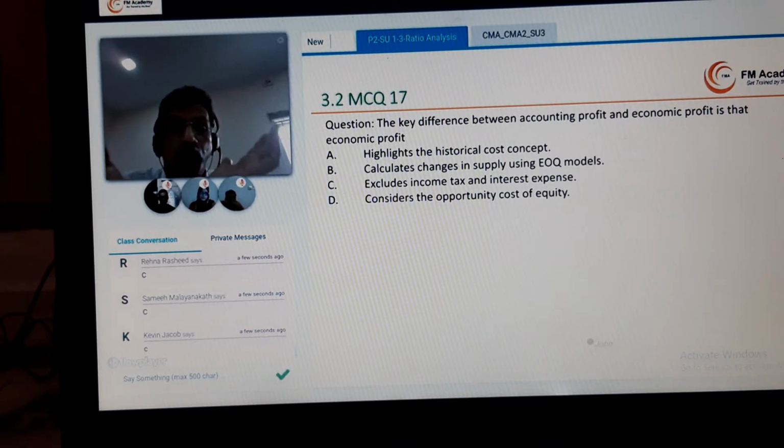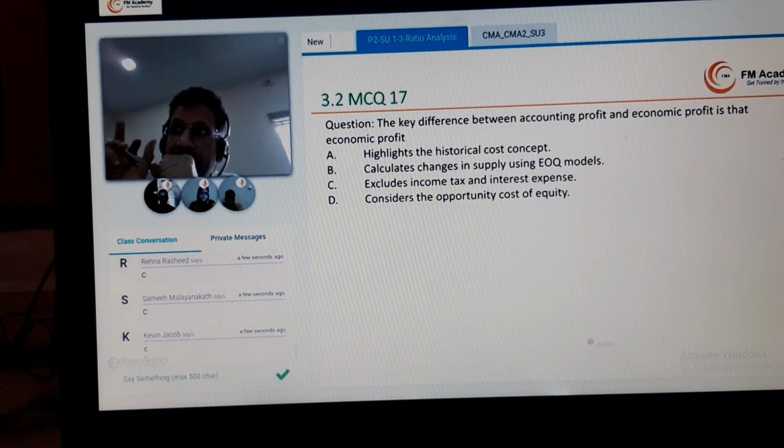So what you get from the published income statement is not the economic profit, that is only the accounting profit, right? So you have to go for an imputed capital charge if you want a true economic surplus. Okay, so you have to consider the opportunity cost of equity if you want the true economic profit.